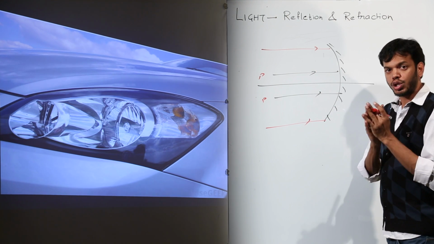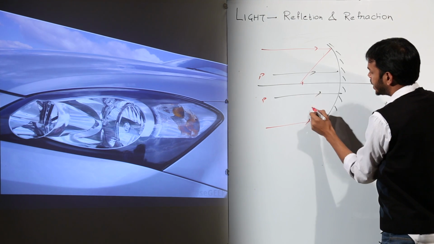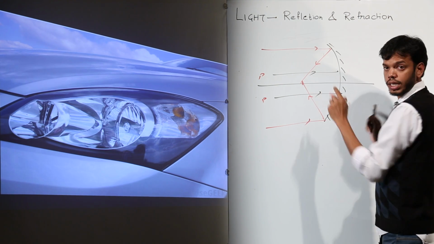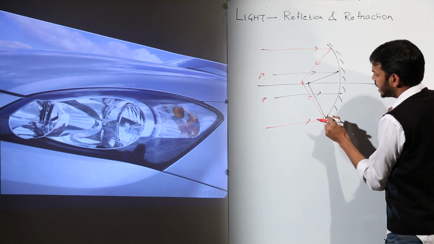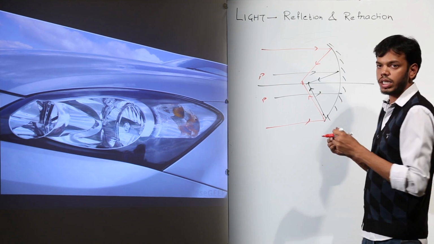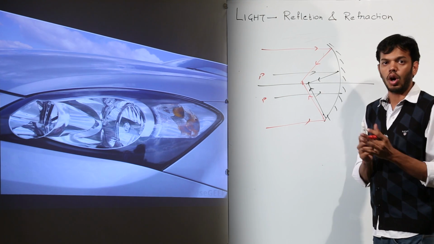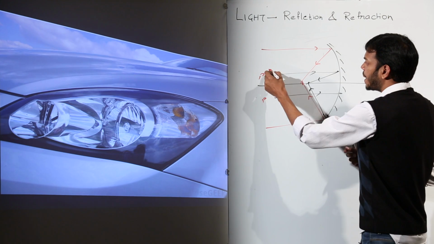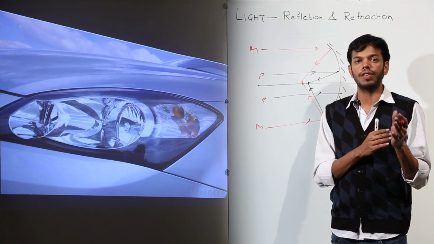Now what happens? According to theory, these rays should meet at the focus, right? But what actually happens is, these rays do not meet at the focus, they meet a small distance apart. This defect is called spherical aberration, that is, the paraxial rays and marginal rays do not meet at the focus, they meet at different points.